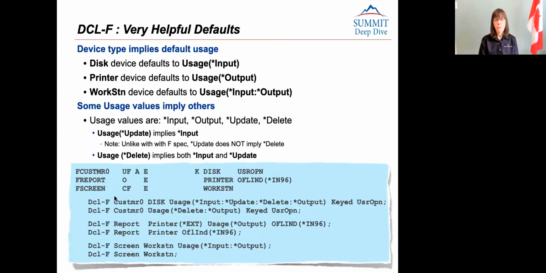So what I've done in this example here is I've actually shown you three different ways of coding the same thing. Up at the top, we've got the traditional F-spec way of coding it, which we're not going to do anymore, right? And at the bottom, I've shown you two ways of coding each of those F-specs. The first way is coding it completely. That is word for word, or column for column, I guess I should say, of everything that's coded in that F-spec up here is now coded in the F-spec itself.